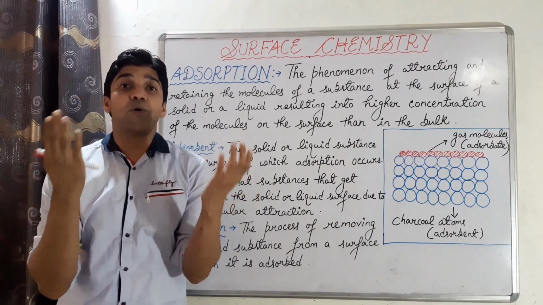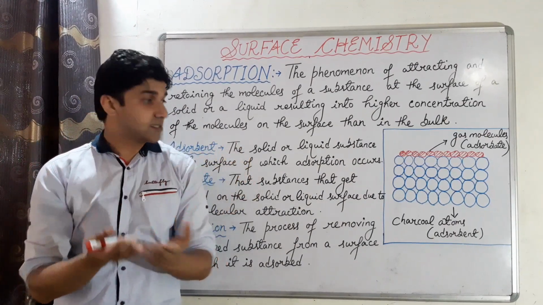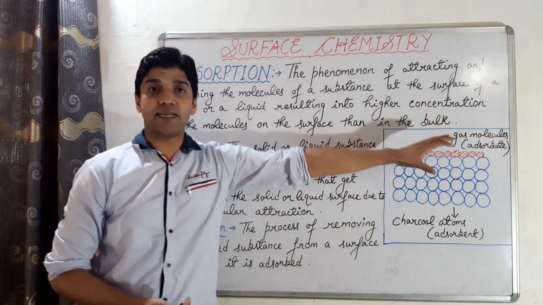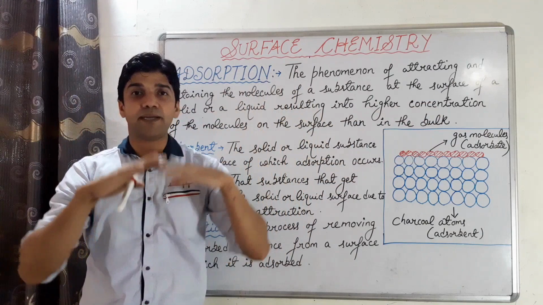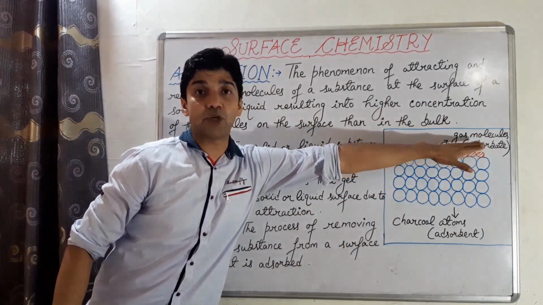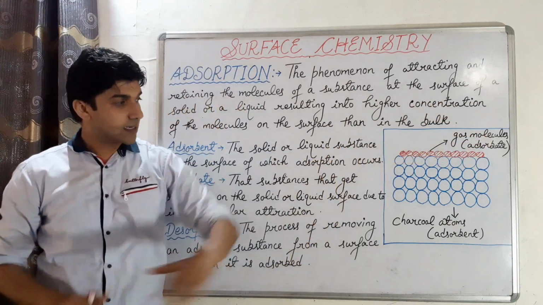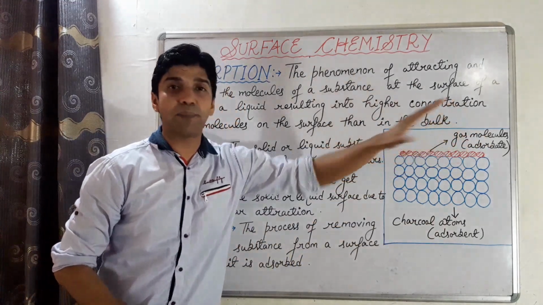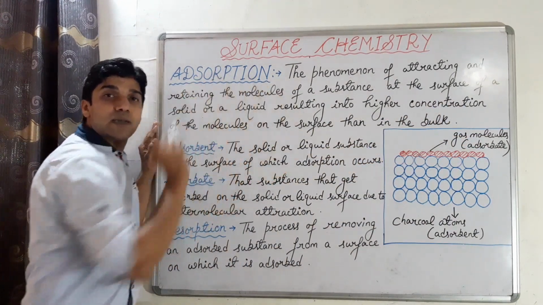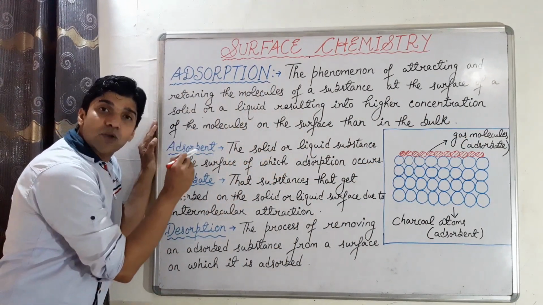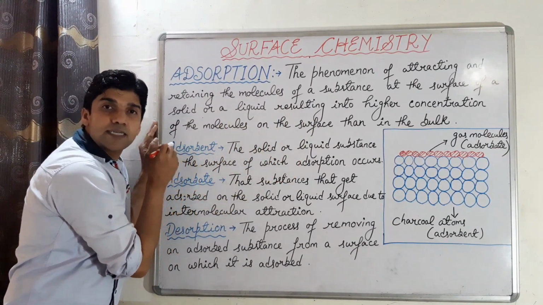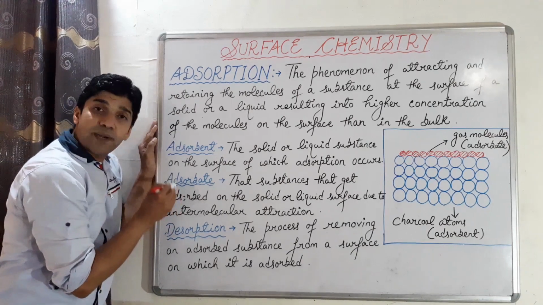अब adsorption process में हमारा वो solid या liquid substance जिस पर adsorption हो रही है, that substance is called adsorbent, और हमारा वो substance जो adsorb हो रहा है किसी भी solid या liquid surface पे, that substance is called adsorbate. क्लियर? Adsorbent क्या होता है, adsorbate क्या होता है? तो adsorbent क्या है? The solid or the liquid substance on the surface of which adsorption occurs, that substance is called adsorbent. और adsorbate क्या है?